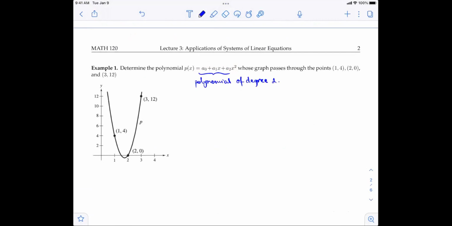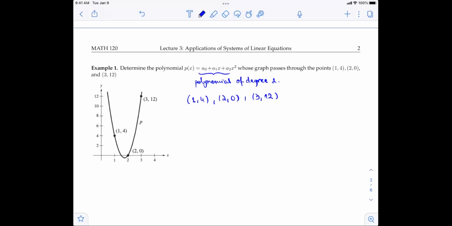The graph of the function passes through 3 points: (1, 4), (2, 0), and (3, 12). So we substitute these points into the polynomial function to obtain a system of linear equations.